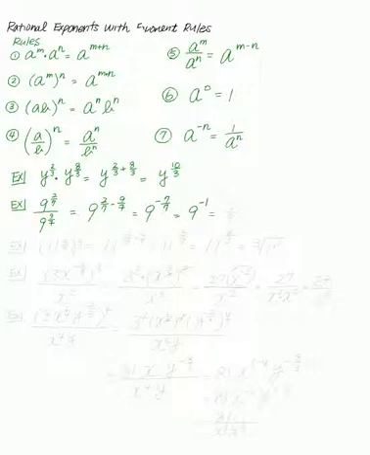Now, using the last rule up above, rule number 7, when I have a negative exponent, that says I'm going to bring it down to the denominator. So this becomes a positive 1 over positive 9. And that's my final answer for that one.